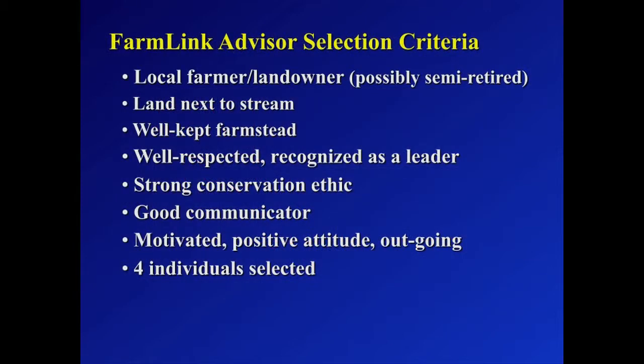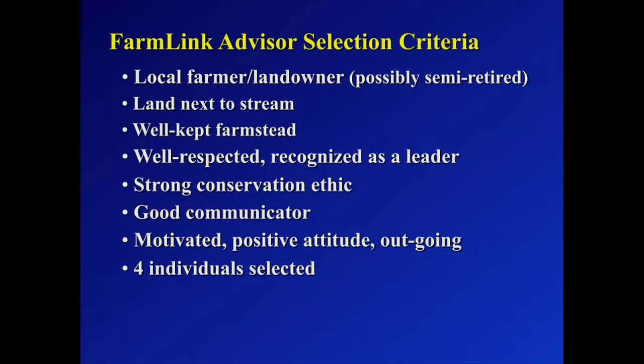As far as selecting the FarmLink advisors, those who were actually going out and doing the one-to-one contacting, the first thing we looked for was a local farmer or landowner. We did consider those who were perhaps semi-retired, and one of the ones that we selected was semi-retired. He farmed in conjunction with his son, although his son did most of the farming.